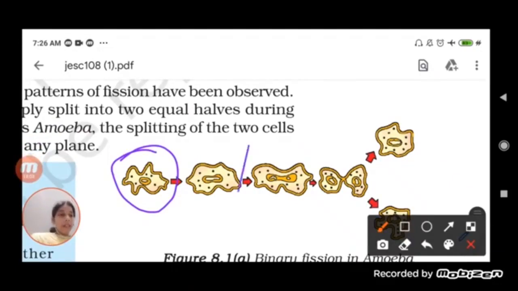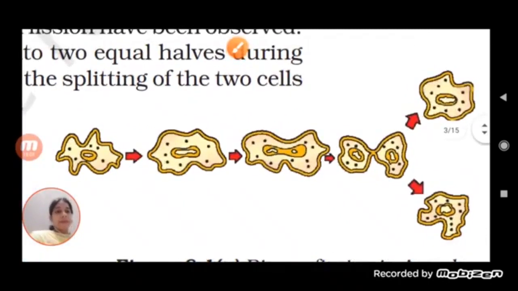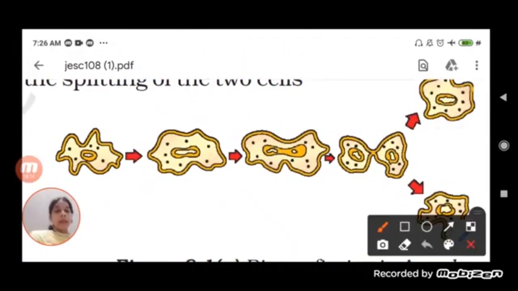As you can see in this picture, the nucleus which was present in it starts elongating. Due to this elongation, students, a depression is formed in the nucleus, due to which the nucleus divides. Now the last one, these two which are formed by this one.